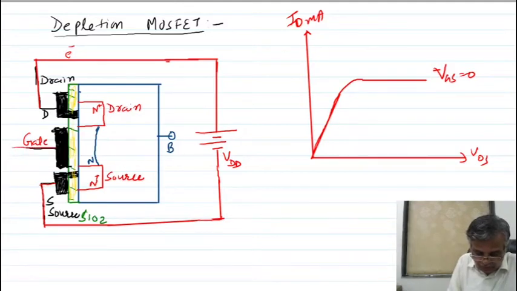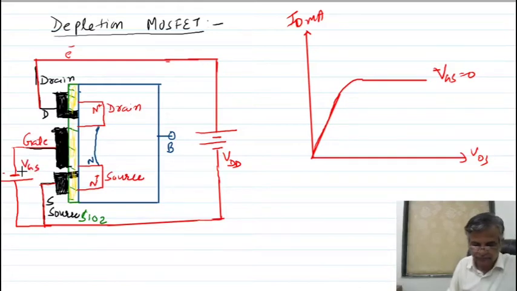I am giving a negative voltage, minus 1 volt. So VGS I am keeping negative, just to explain.